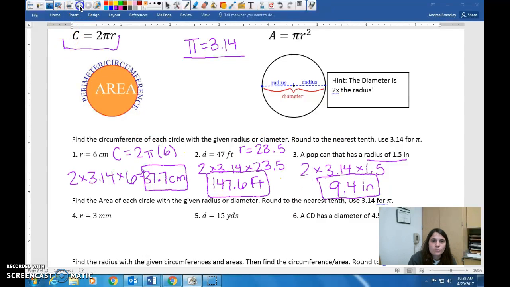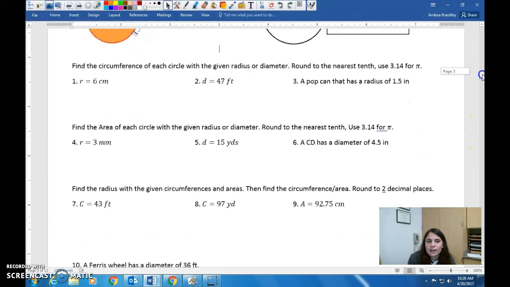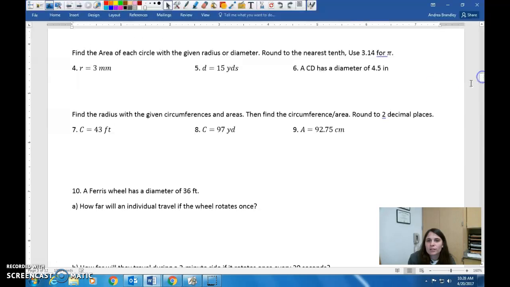Next we're going to move on to finding area. If we're finding the area, we're going to use our area formula, obviously. So the area, I'll rewrite up here since we can't see it anymore, is pi r squared. Again, I'm given my radius, so my area is equal to pi, which is 3.14, times the radius, which is 3, squared.